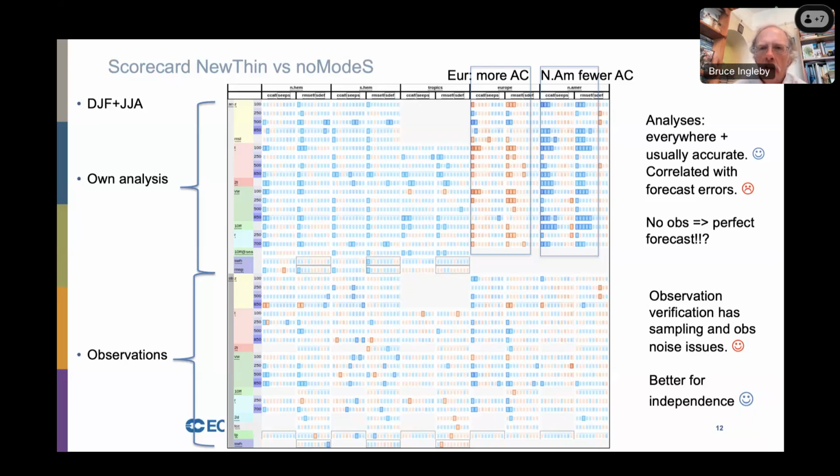In North America, we've reduced the numbers of AMDARs used, and that looks very good against own analysis. The bottom line is that the radiosondes used for verification here can be considered independent. Own analysis can't, and this is a problem for short range verification against own analysis.